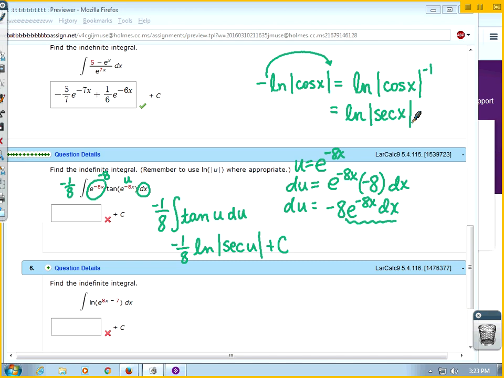All right, so we needed to put our u back in, which was e to the negative 8x. So negative 1/8 ln absolute value secant of e, let me put a parenthesis here, e to the negative 8x, and absolute value plus c. Okay, I know it looks a little different in WebAssign. I think the parentheses are going to be in a different place.